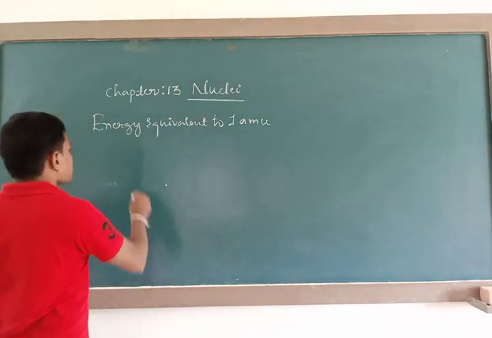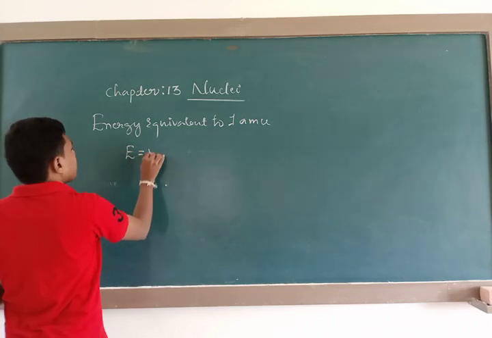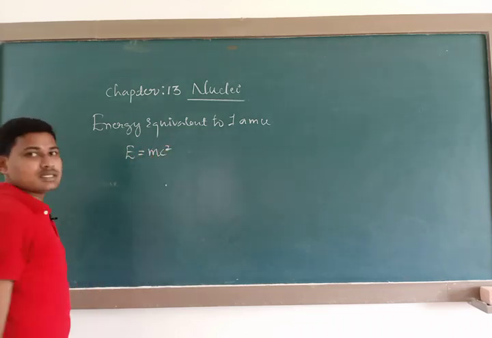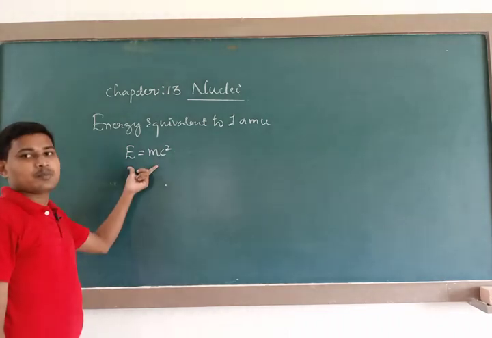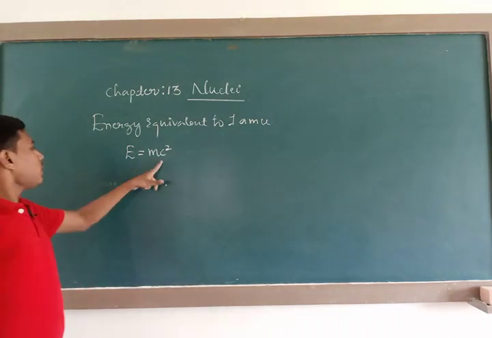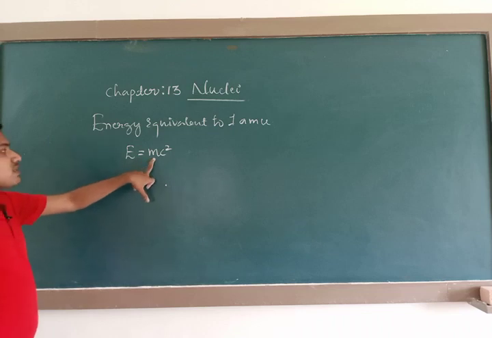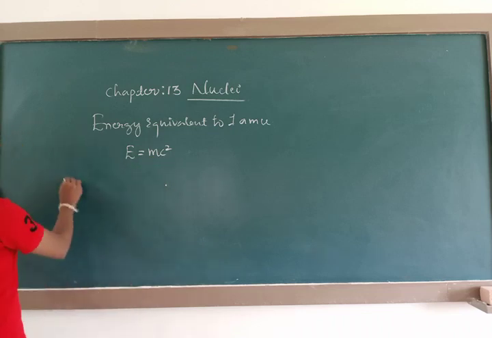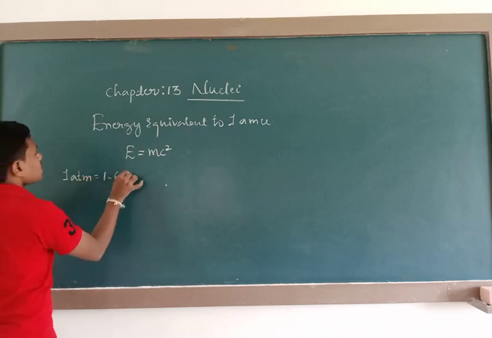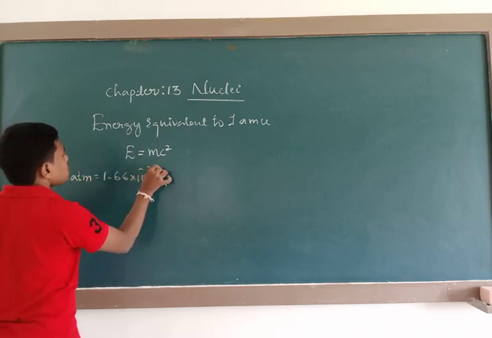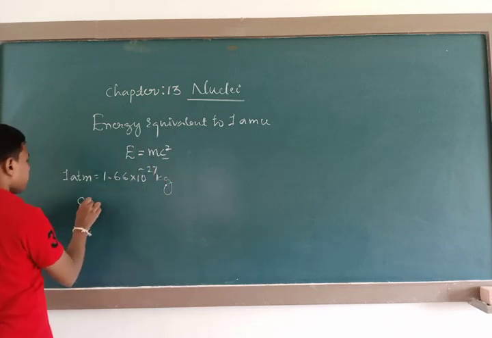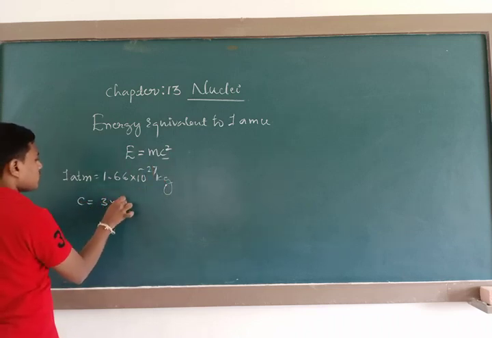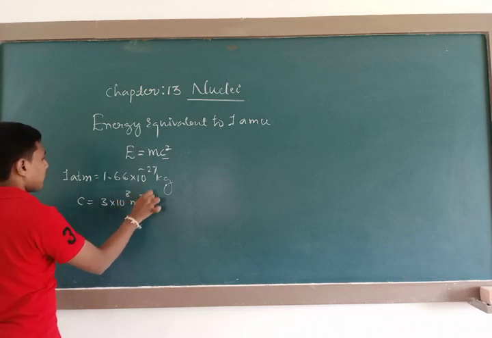We know that from the special theory of relativity, Einstein proposed an equation, E is equal to mc square, where c is the speed of light and m is the atomic mass unit. We know that one atomic mass unit is equal to 1.66 into 10 raised to minus 27 kg. And what is c? Speed of light in vacuum. This is 3 into 10 to the power of 8 meter per second.